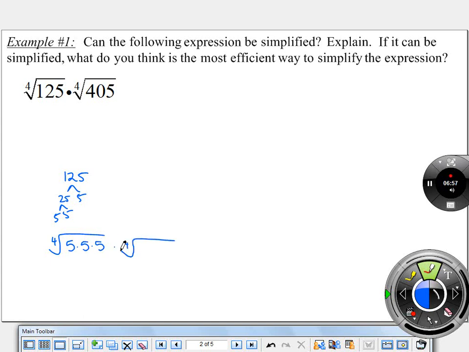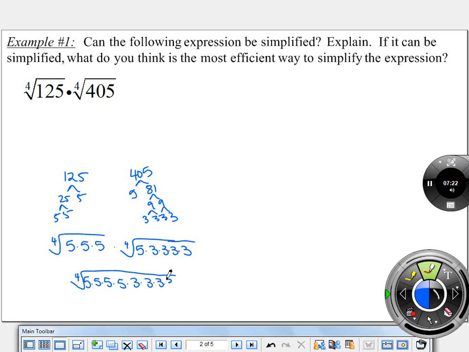And then 405, let's see, breaks down to 5 times 81, 9 and 9, and all these factors of 3. So this is going to really be a factor of 5 and 3 times 3 times 3 times 3. And remember, the properties of multiplication say since these indexes match on these radicals, this is really like having all of these factors underneath the same radical.